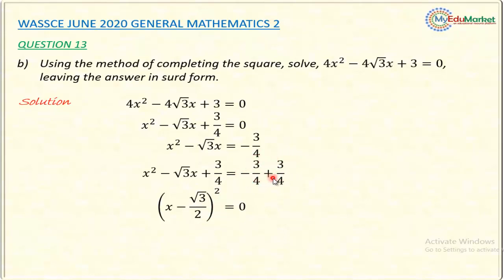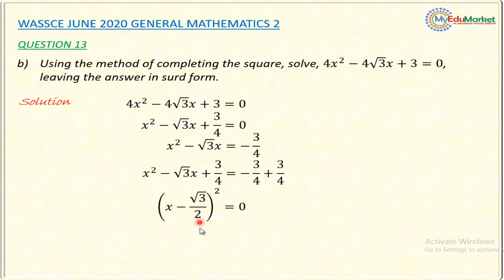Minus plus, just like minus 2 plus 2, the answer will be 0. And this, I said, is a perfect square expression. I can write it as something raised to the power of 2, and what I have is x minus that half the coefficient of x, which is root 3 over 2.